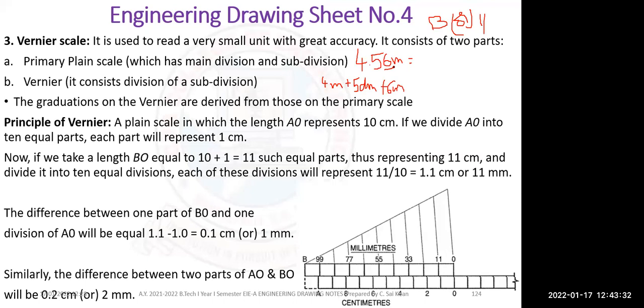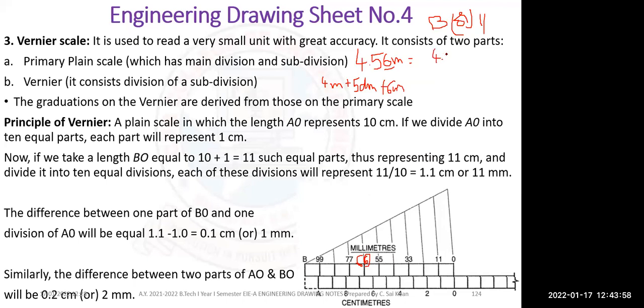Where this digit 6 comes in the 11th table as a single digit? Okay, so it will come at 66. In the 66, this units digit is 6.